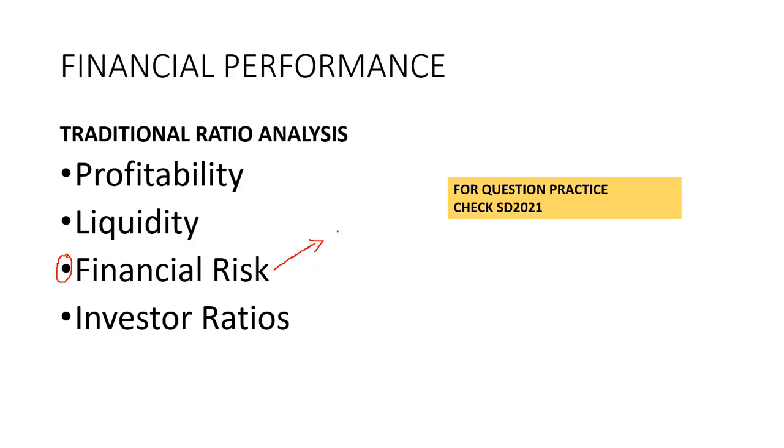The level of debt finance in the company. So we can use interest cover. Interest cover can work very well here to measure the level of financial risk. Interest cover is profit before interest and tax over interest.